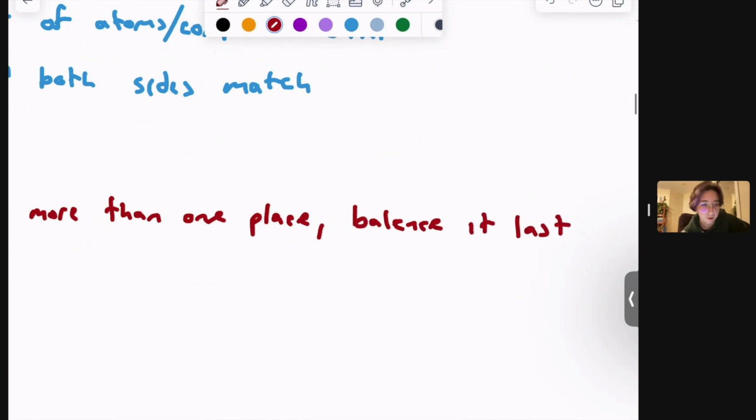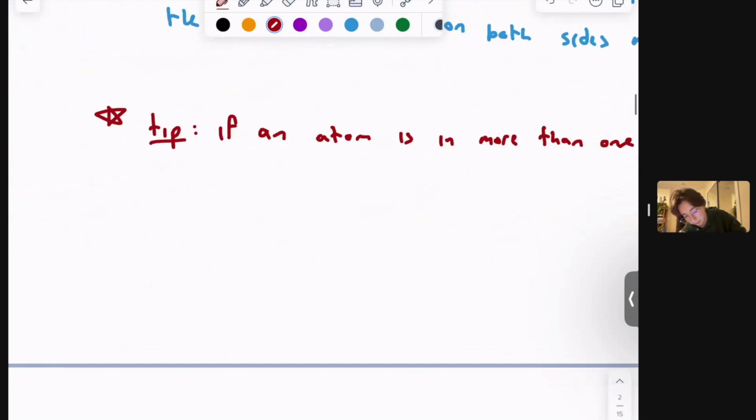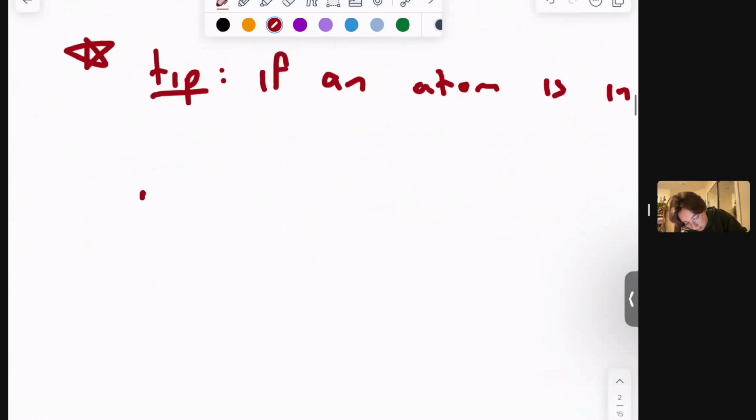So what I mean, if you have oxygen in both products, don't try to balance oxygen first. Balance all your other atoms and then worry about oxygen, because it'll just be harder to do oxygen first.